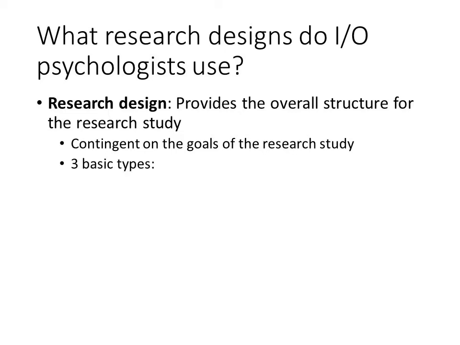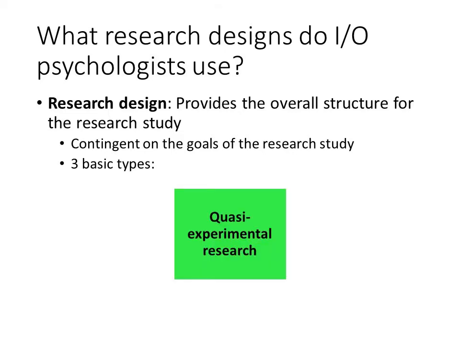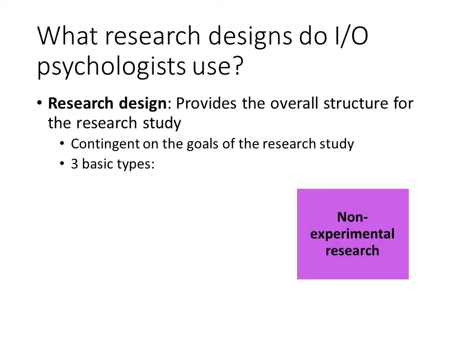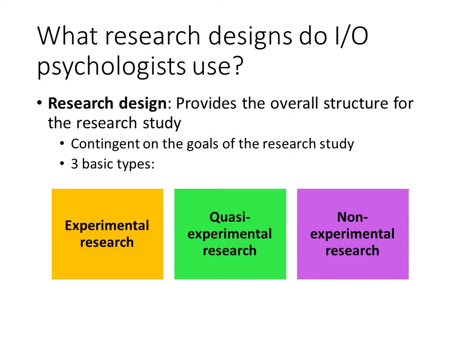There are 3 basic types of research designs: experimental, quasi-experimental, and non-experimental. Most of the research in IO psychology is non-experimental research, like correlational studies.